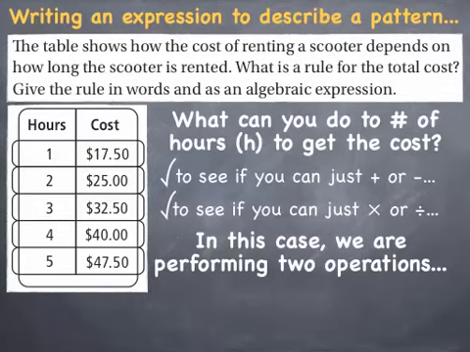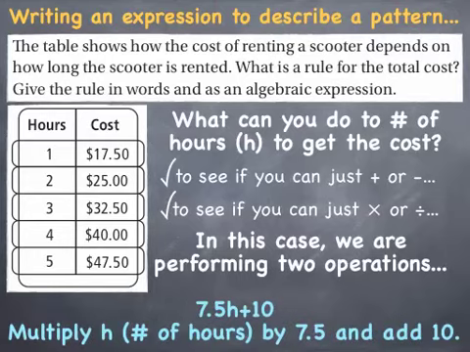This is kind of a guess and check process. You might look for the pattern and see if you can tell which combination of multiplying or dividing and adding or subtracting will work. Once you've figured it out, it should be 7.5h plus 10. In words, you would say multiply h, the number of hours, by 7.5 and add 10.